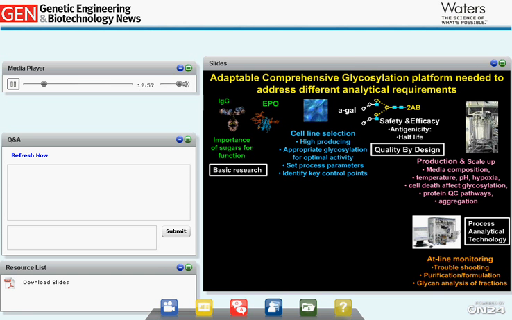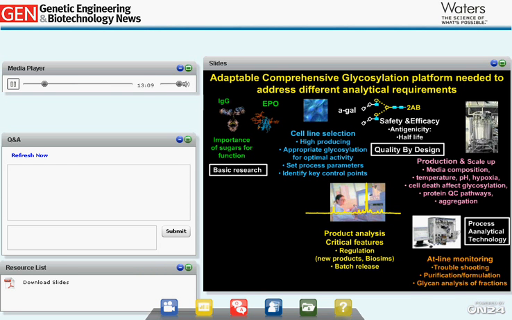You need to be able to identify changes so that you can troubleshoot if the glycans are clearly not being processed properly. And then when you come to going to the regulators or releasing batches, you need very careful product analysis that defines quantitatively the critical features of the molecule.